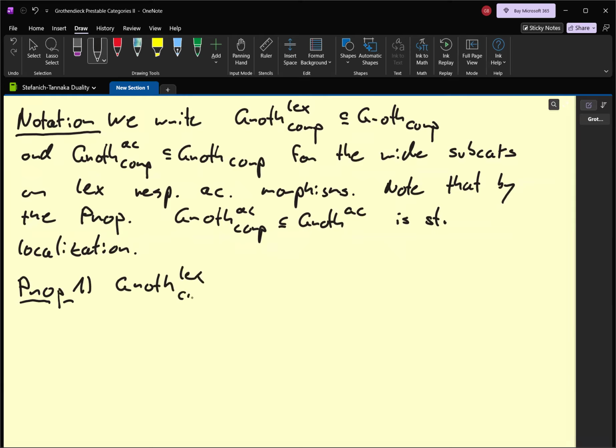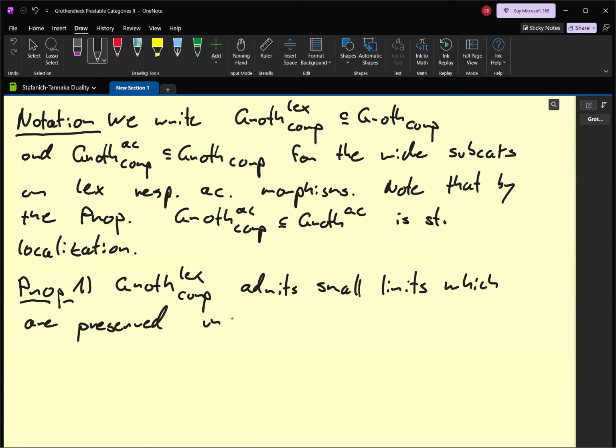So this here admits small limits, which are preserved under inclusion into Cat hat.